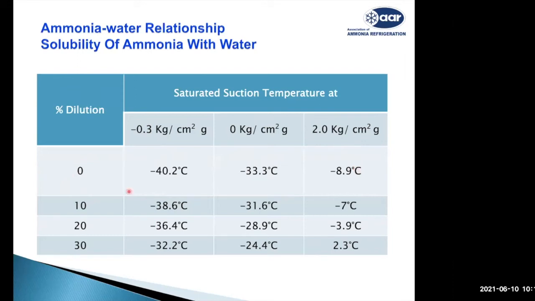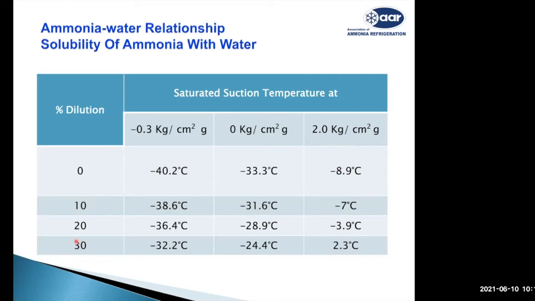Now think of adding 10% water into this ammonia. When I add 10% water to this system, instead of getting minus 40, I may be operating at minus 38.5. Or at 0 kg, instead of minus 33, I'm operating at minus 31.5. And at 2 kg, I'm operating at minus 7 instead of minus 9.